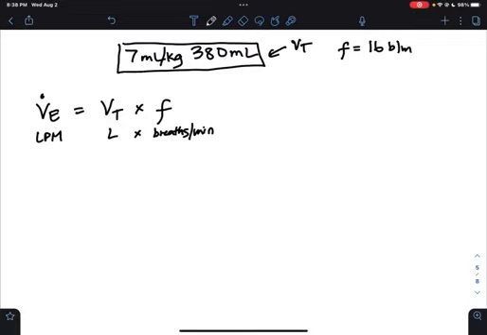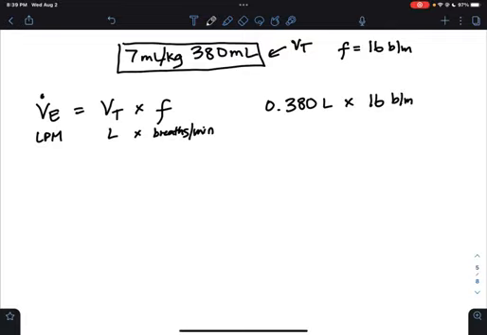All you have to do is move the decimal point 3 times to the left. You're going to get 0.380, or you could just divide by 1,000, up to you. So this is in liters times 16 breaths per minute.